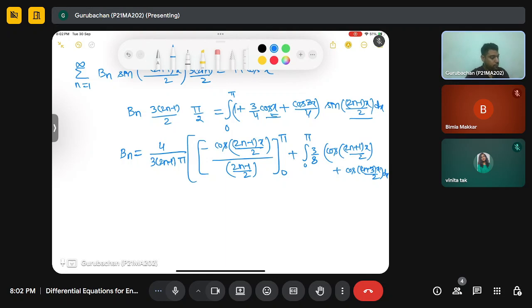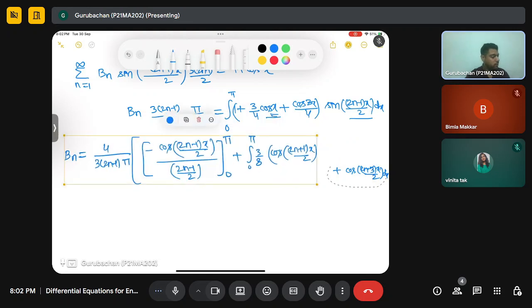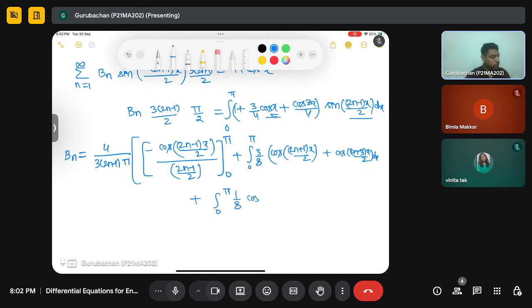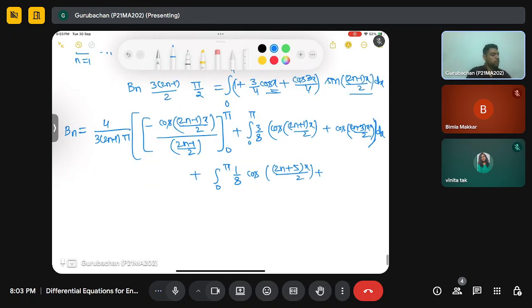The other part can be written as 0 to pi, 1 by 8 cos, so this is 3x, this will be 2n minus 1 plus 3, so this will be 2n plus 5 x by 2. It should be like this.